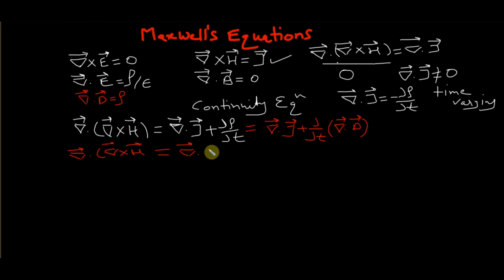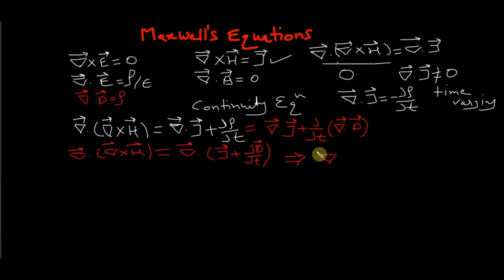So you can write del dot of J plus partial D by partial t. This is D. So this divergence will be cancelled out from both sides.